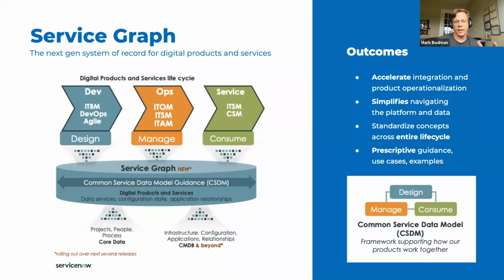Operations, from an infrastructure management, technology service management perspective, and then service management, which is more or less how you interface with your customer base. It all uses the similar data. We're all on the same platform, and therefore the CSDM data model has become fundamental to how our products work together and how customers need to look at their data so that it all interacts, right? It all comes together in the end.